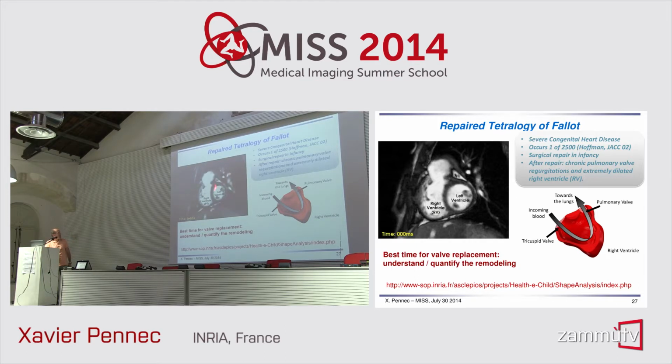And this is involving an increase of its size. Now the key question is to understand when we need to put in a new valve, as late as possible, because the valve has a finite duration, but we should do it before the heart is completely damaged.